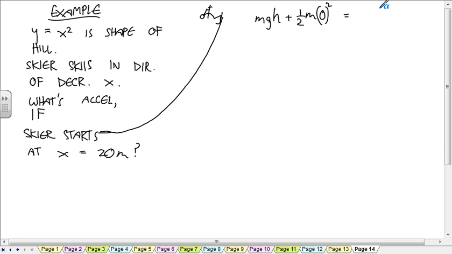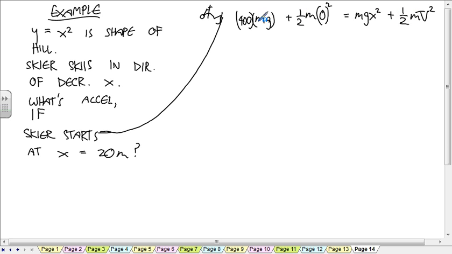We're trying to find speed as a function of height. So this would be 20 squared, so 400 mgh, and that height is going to be x squared because of the path, plus 1/2 mv squared. Okay, so we can use something like this to get the speed as a function of x.